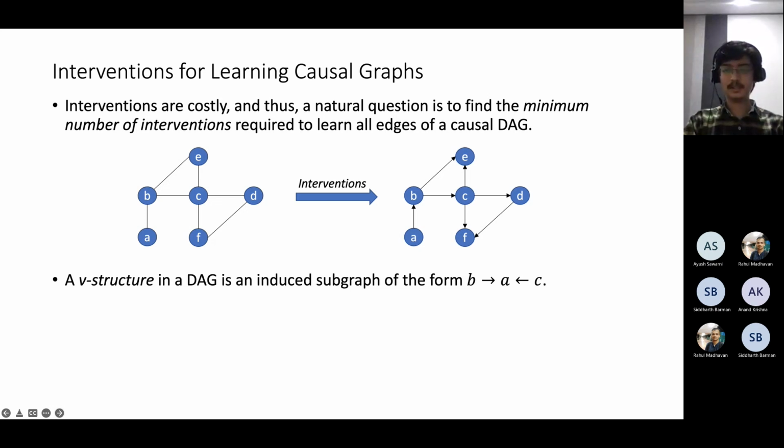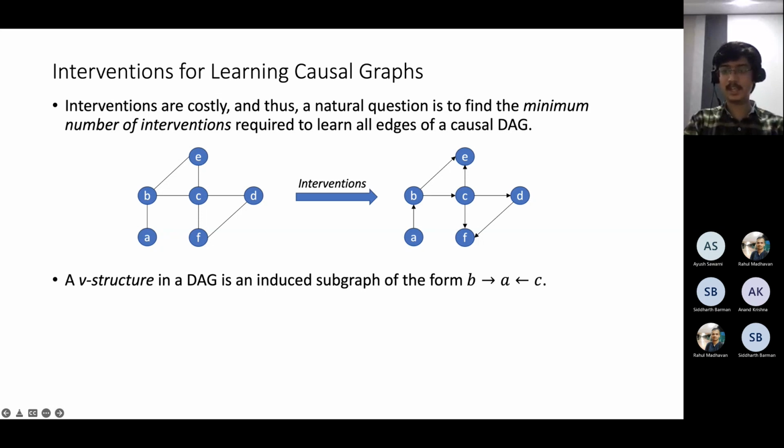Then if you see that B and C are independent, just using observational data, what can be inferred? We can see that B and C are independent, but given A, B and C become dependent. This special kind of thing can happen only when there is something called a V structure.